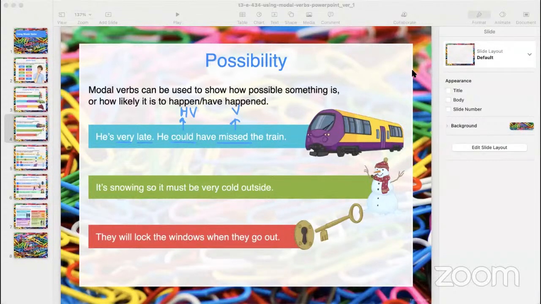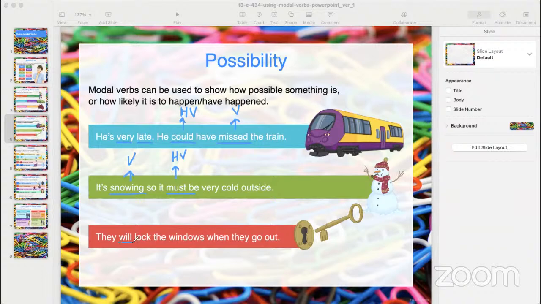It's snowing, so it must be very cold outside. Snowing is an action, and then we've got the helping verb here. And then if you look at the last one, they will lock the windows when they go out.